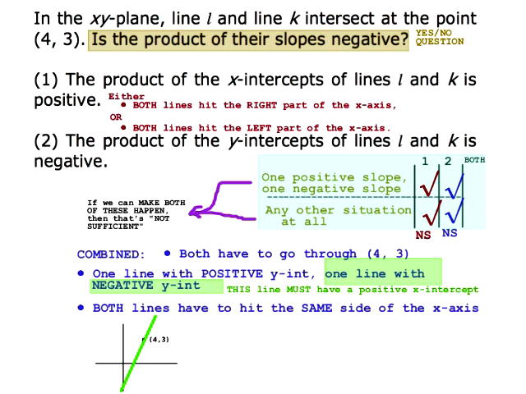What do we know about the other line then? So we got this line here. The other line, the line we haven't drawn yet, has a positive x-intercept because it has to. And then it has a positive y-intercept because statement 2 says so.